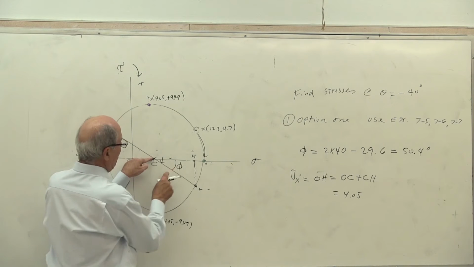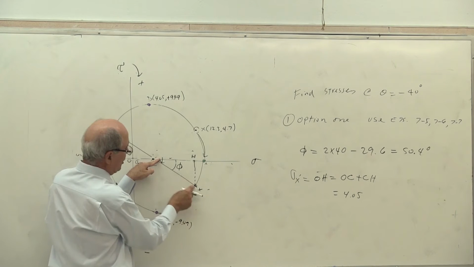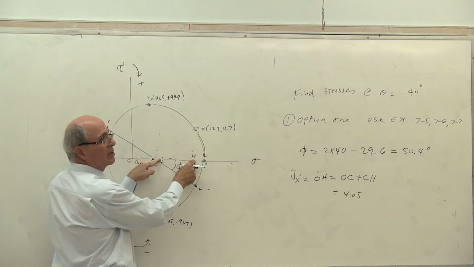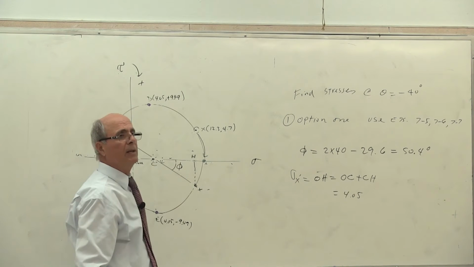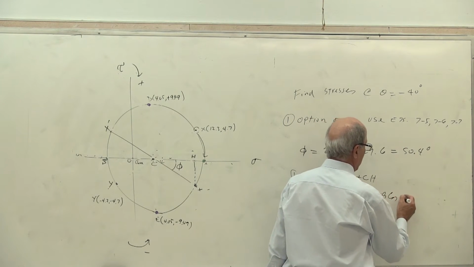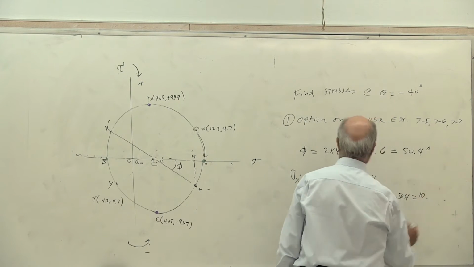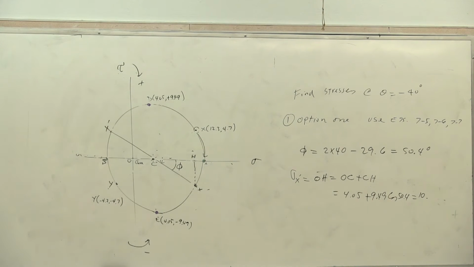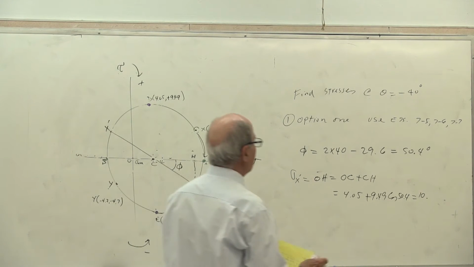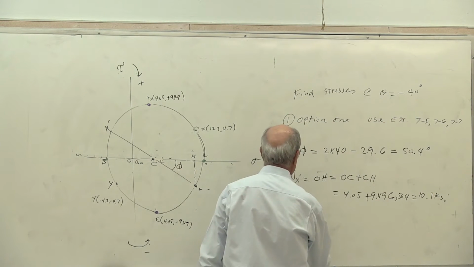And for this length, this is R times cosine of phi. So plus R, which is 9.49 times cosine of 50.4 degree. And together, I believe it becomes, get your calculator, get those numbers, 10 point something. So it becomes 10.1 KSI.